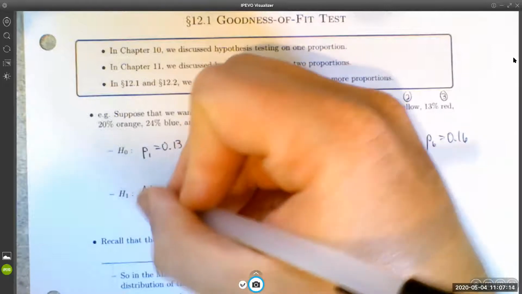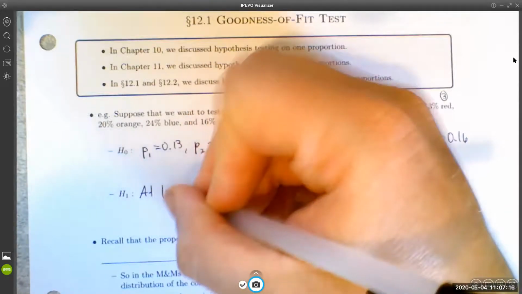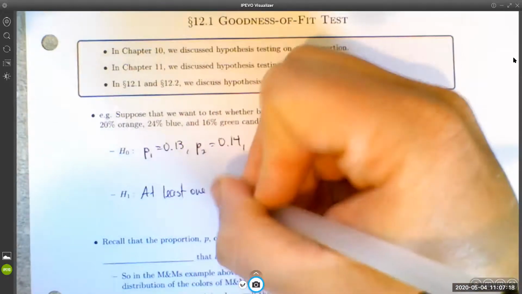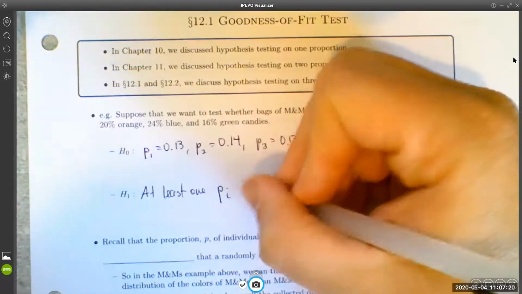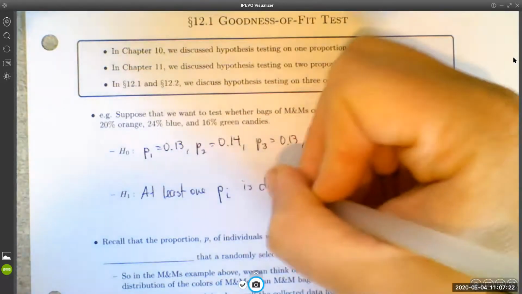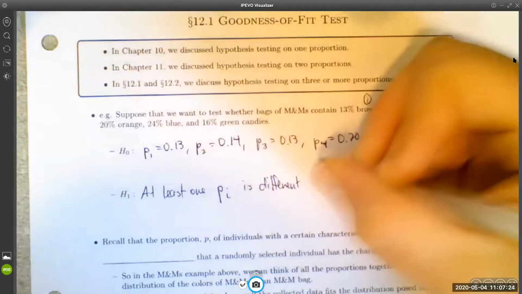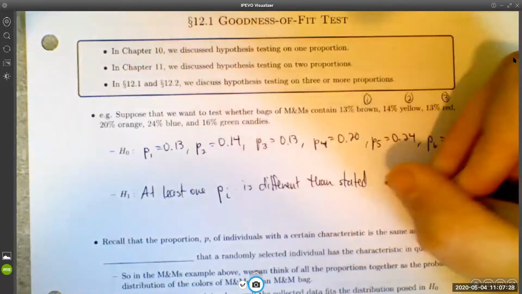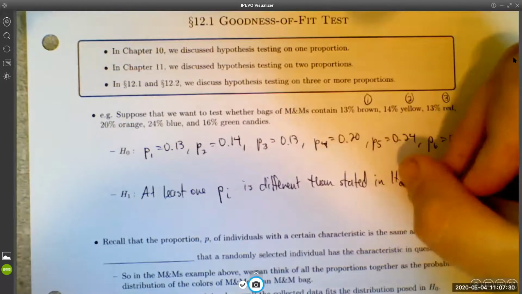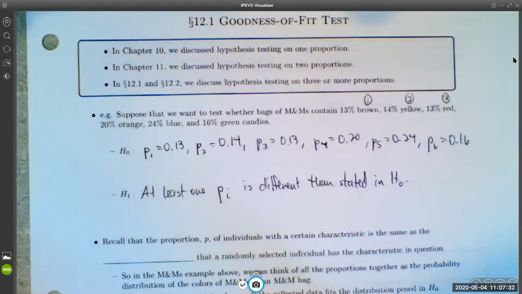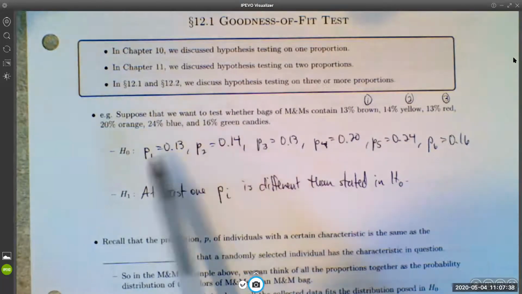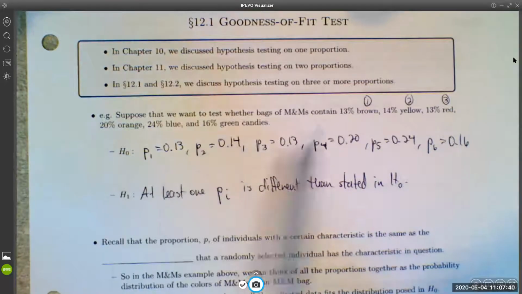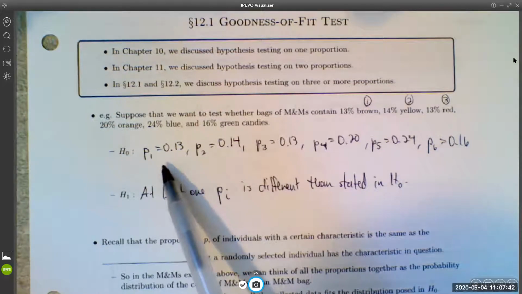So I'm going to just write that in words. At least one of the proportions is different than stated in the null hypothesis. And the reason I'm writing it out in words is because if you write out all the possibilities, you're going to be here all day, right? It could be that the null hypothesis fails because P1 is wrong, but the rest of them are right.